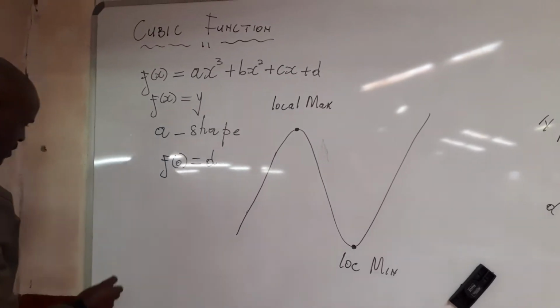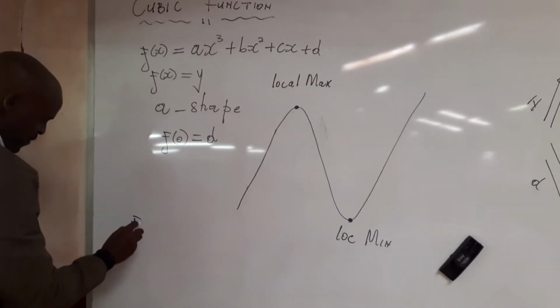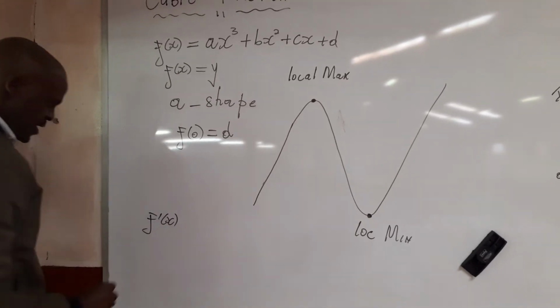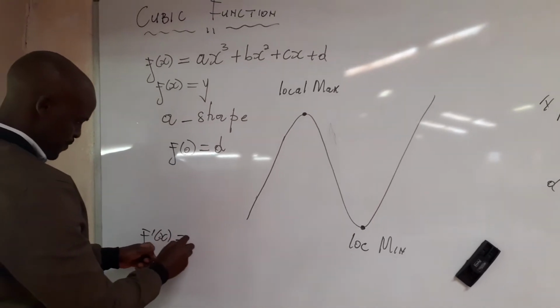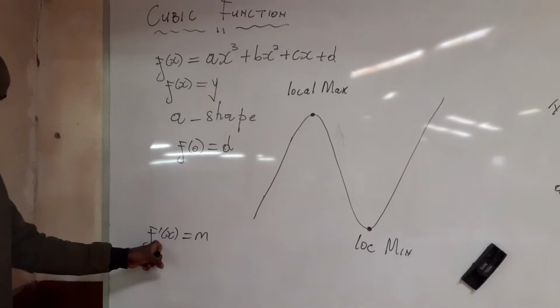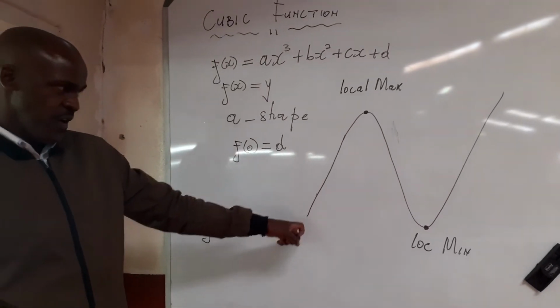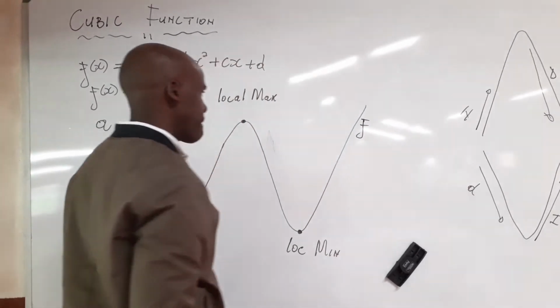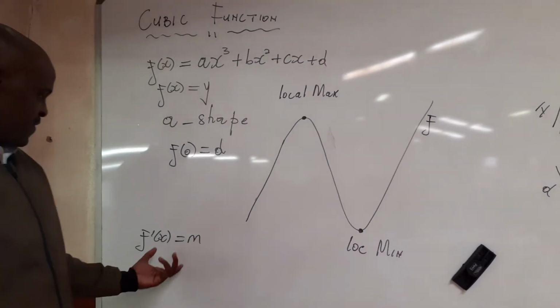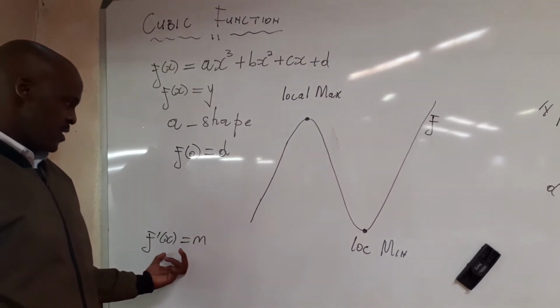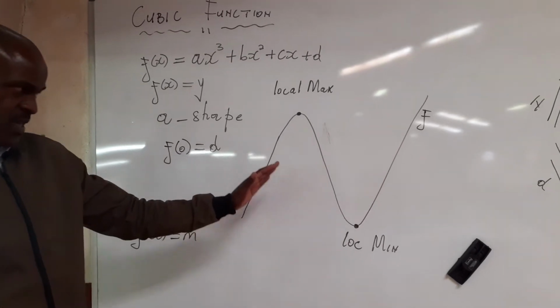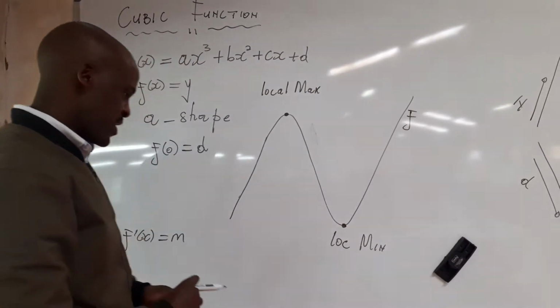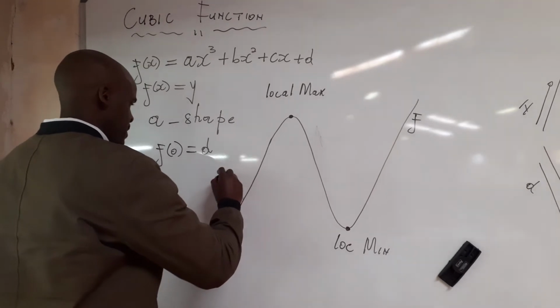Remember that we spoke about a function, and then we said this is a gradient. This is the gradient of a tangent to a function. Let's name this function f. The gradient here on this side and that side, since the graph is going up, will be positive.